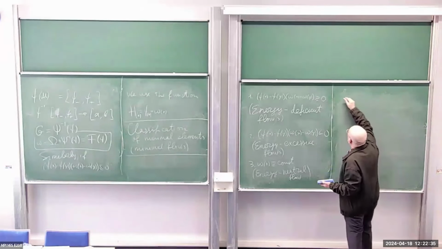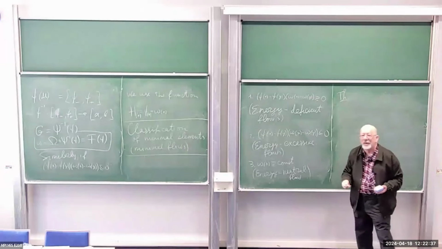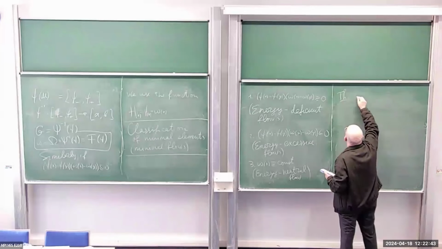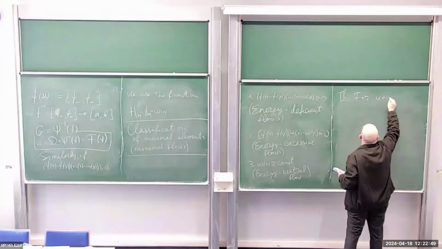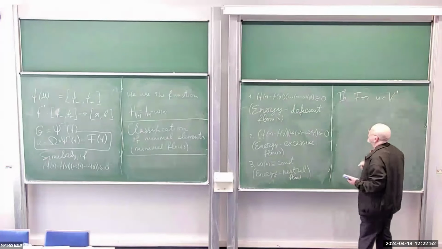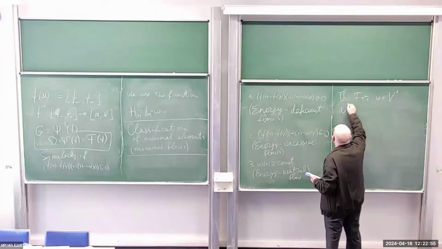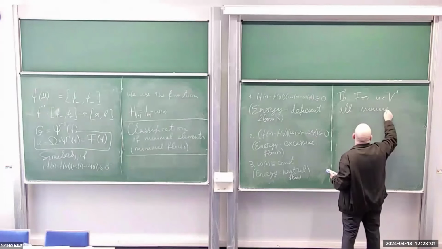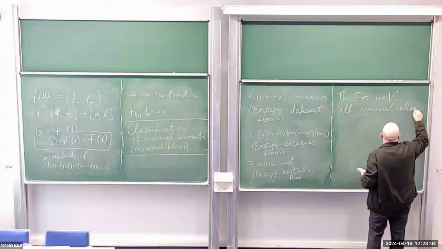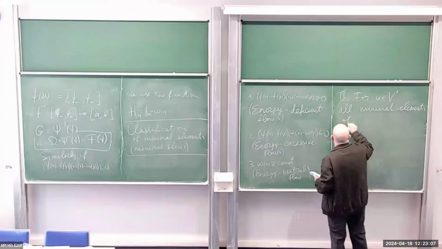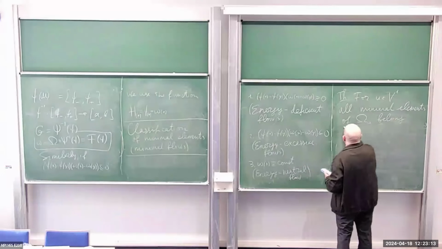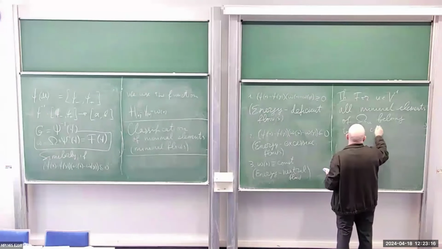Yeah, and the theorem, which is simple, but let me skip its proof, is the following. For u, all minimal elements under u belong to one class.